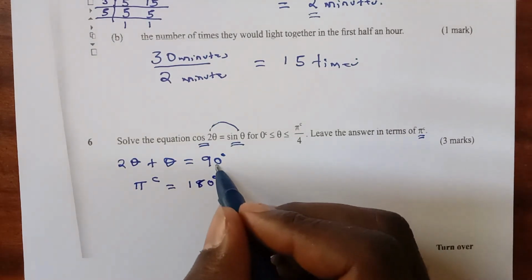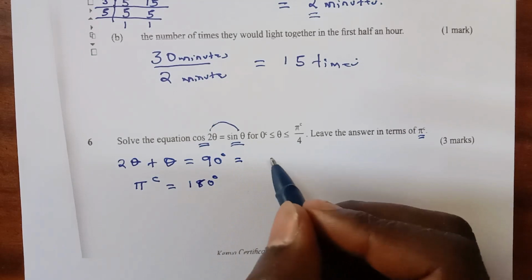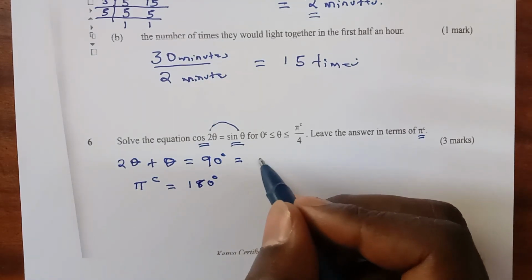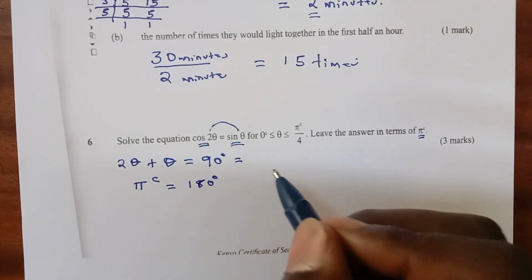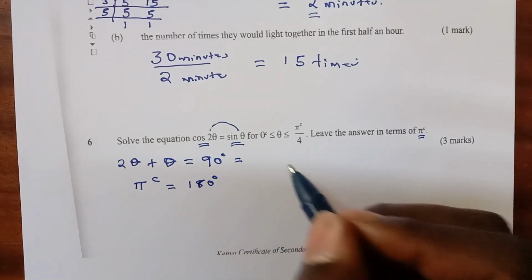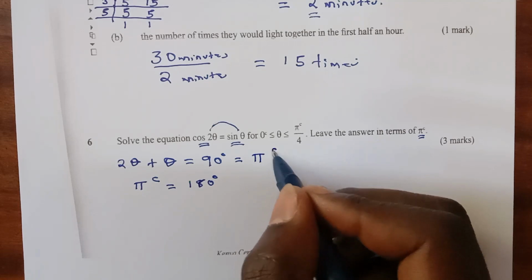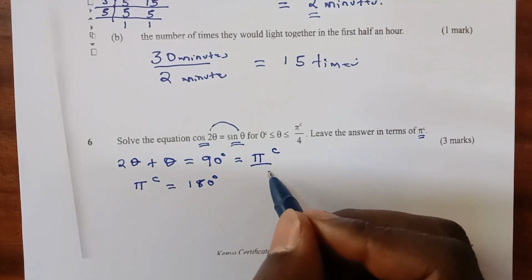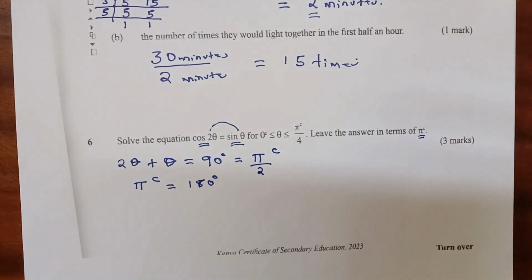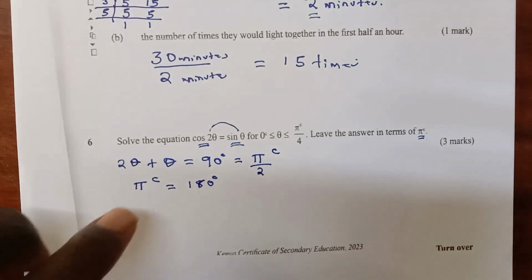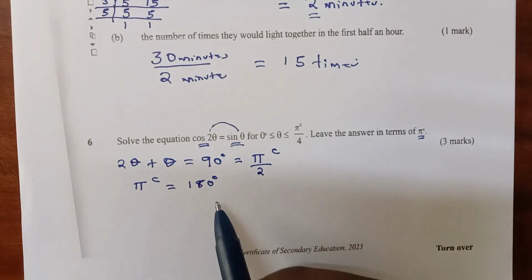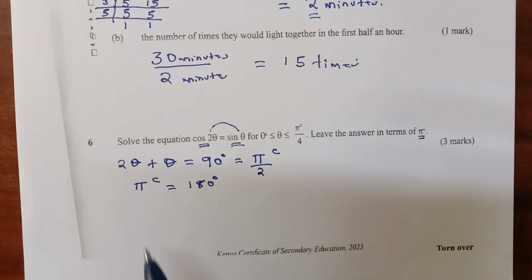So in our case here, 90 degrees is 90 divided by 180, which is going to be pi radians over 2, because pi radians is 180, so it means that 90 is going to be pi radians divided by 2.